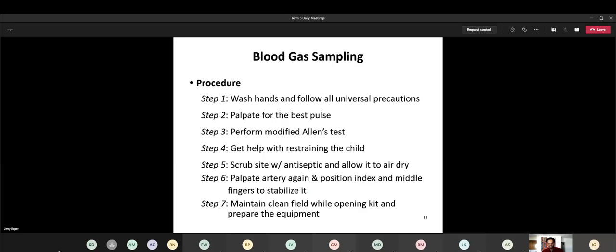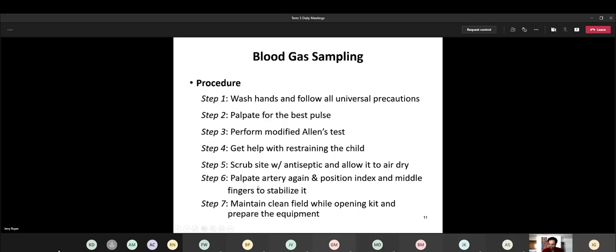Step 4, a lot of times, let's say this is in the ER, you're going to have to get your parents involved, or whoever the caregiver is, to help restrain these kids, because, as you know, children in general are not going to be the most cooperative, and a sick child is going to be even less likely cooperative.